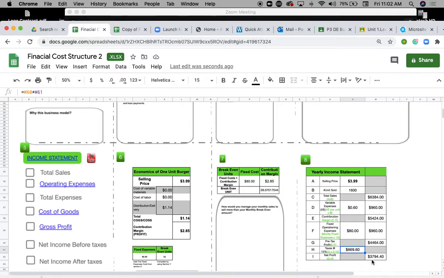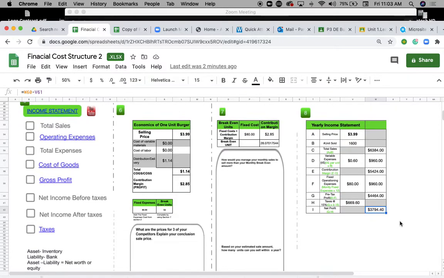So by the end of the day, if you did this formula, G minus H, it leaves you with $3,794.40. This is what you walk away with at the end of the year. You still make your money back, and you make a profit of that. Kind of like half, almost.